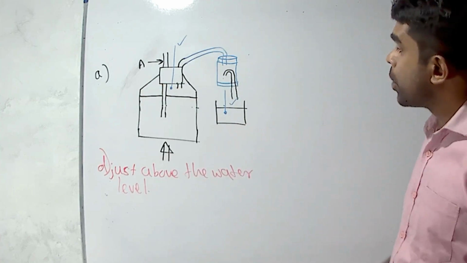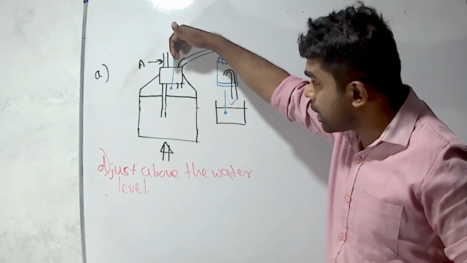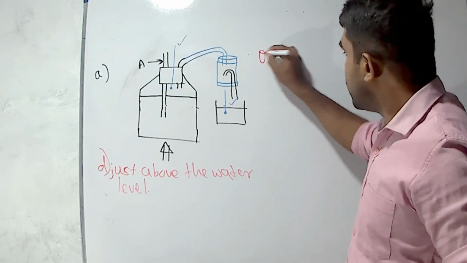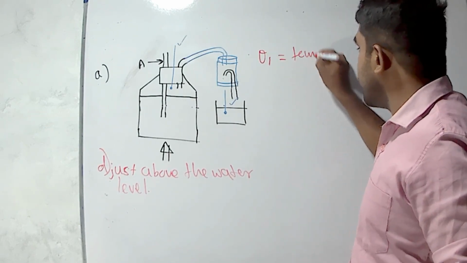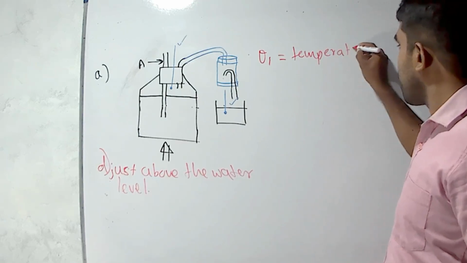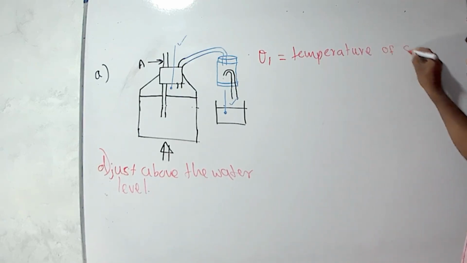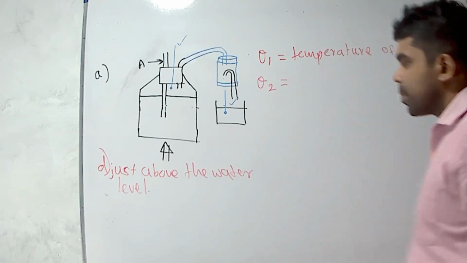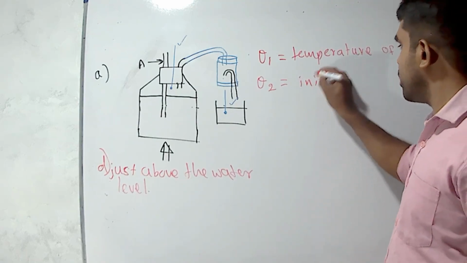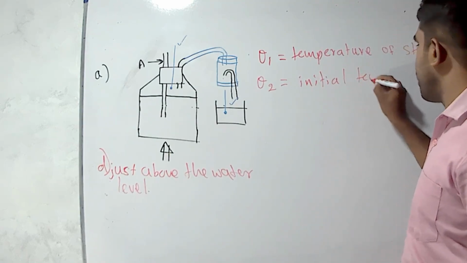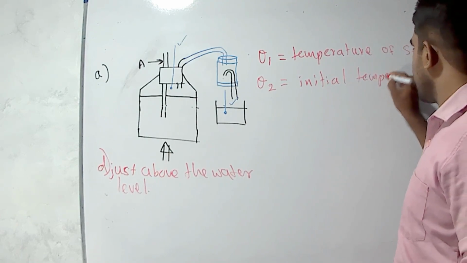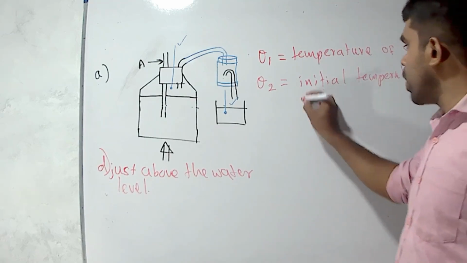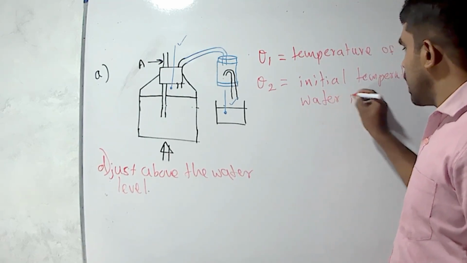Therefore, we have to take the temperature reading of this thermometer first. Then we can write: theta 1 should be the temperature of steam. Theta 2 reading, initial temperature of water in the calorimeter.